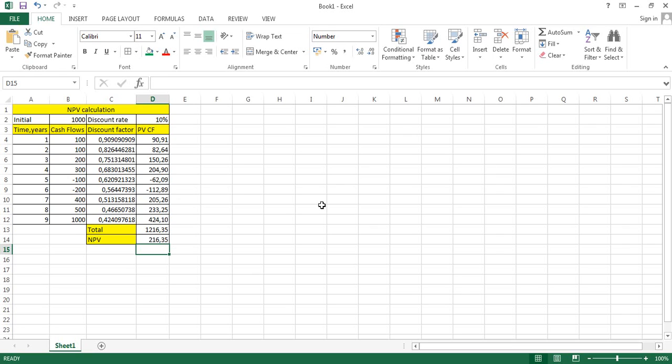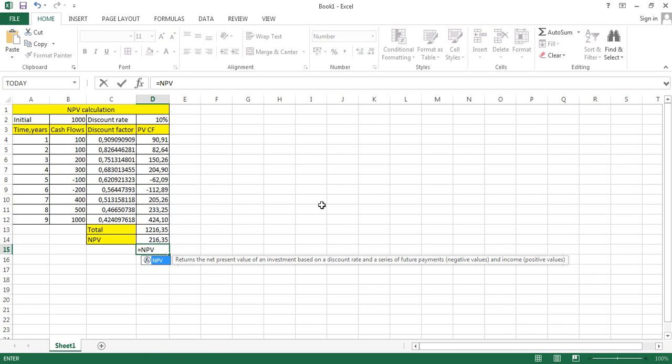Some of you may eventually find out that Excel has a function which is called NPV, and they use it. So in here you have to specify discount rate, and then the cash flows, as well as your initial cash flow with a minus sign in front of it.